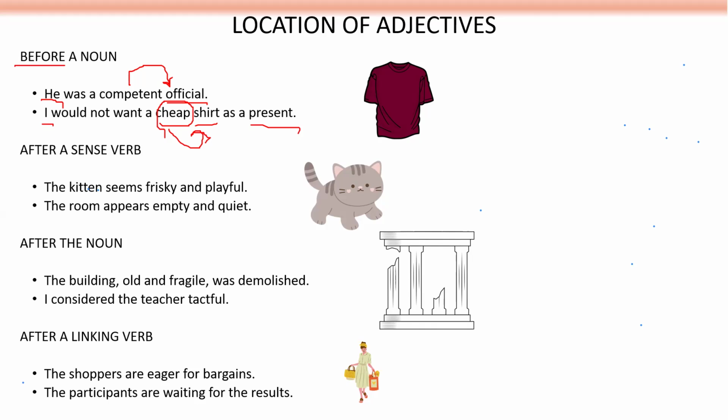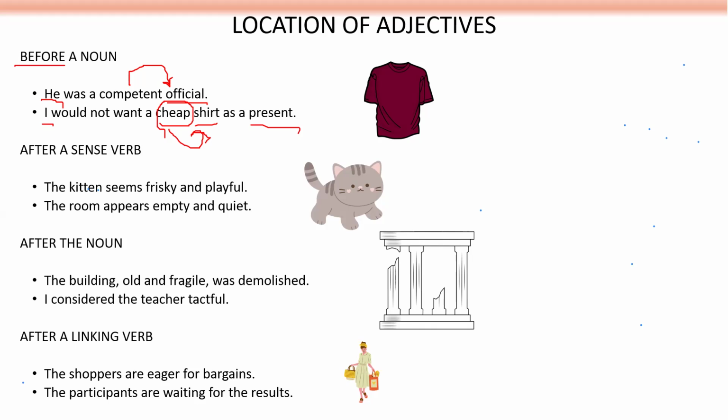Second example, the room appears empty and quiet. So, the sense verb is appears. How does it appear? Empty and quiet. But we're talking about the room. The words empty and quiet are adjectives for the room. But they are located after the sense verb.